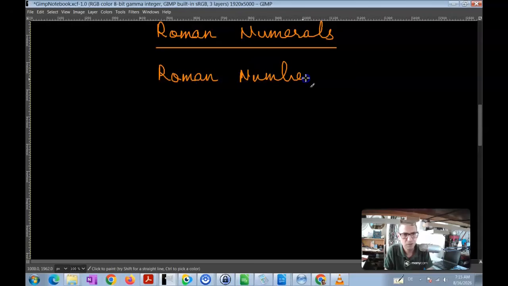You could say it is a primitive number system, but it is a number system, because using it you can create all the numbers that you could think of.